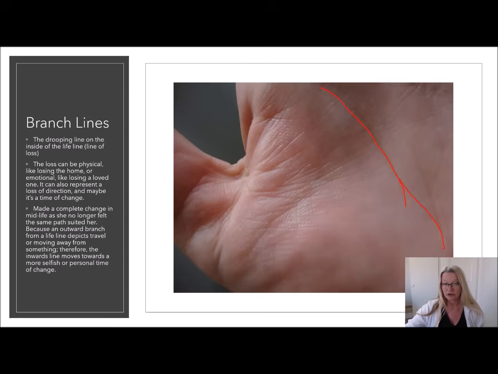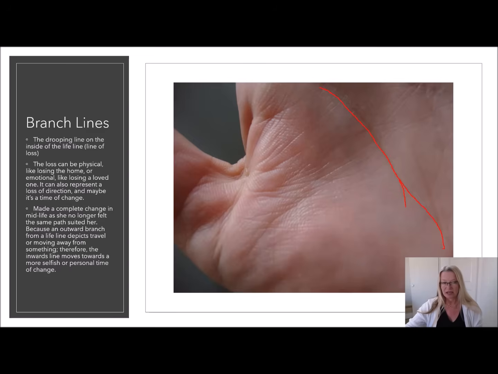She was in her early 40s. She no longer felt that path suited her, so she made an internal change. The internal change was more towards selfish things, what she wanted for herself. So it was a personal time of change for her.